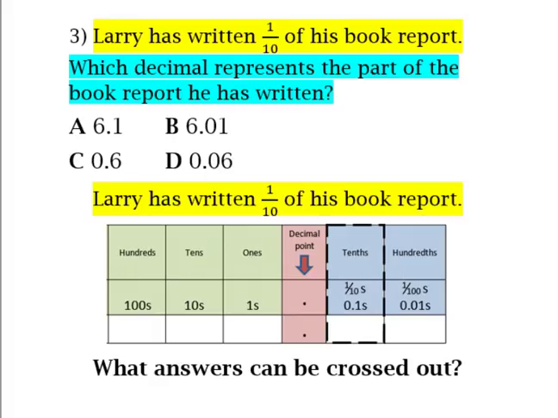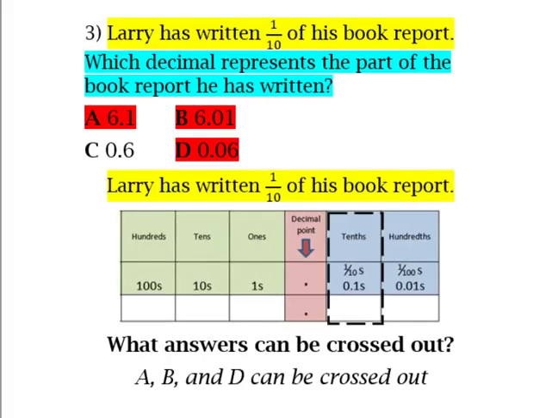Based on the information that we have, let's look at our answer choices to see what answers we can cross out. If you said A, B, and D, you are correct.